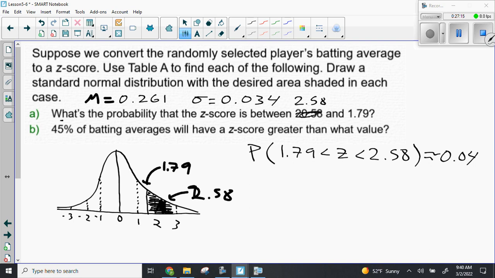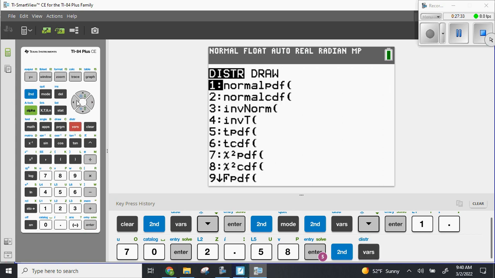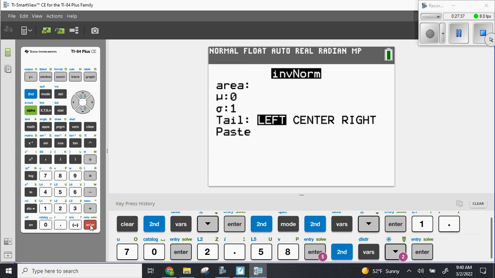All right, for this one, we're talking about batting averages, so we need to keep in mind that we have this mean and we have this standard deviation. I'm going to do this one with our calculator too. We could do it from the table and have to do some algebra, but that's a pain. Instead, I'm going to hit second, vars again, and go to inverse norm.